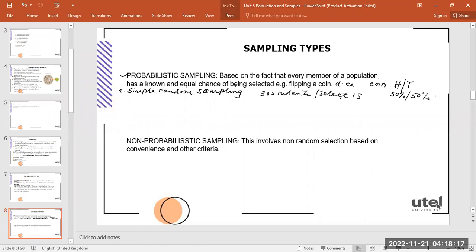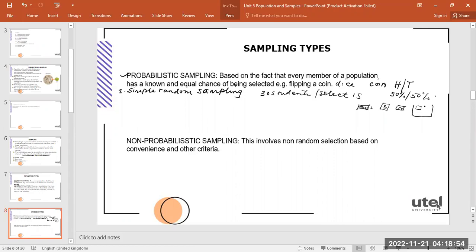Now, a simple way of doing this using a simple random sampling is for you to get small pieces of paper where you write either the names of all the 30 students, or you write selected in 15 of the small pieces of paper, and not selected in another 15 small pieces of paper. And then, of course, you fold the paper and then put all the papers in a bowl.